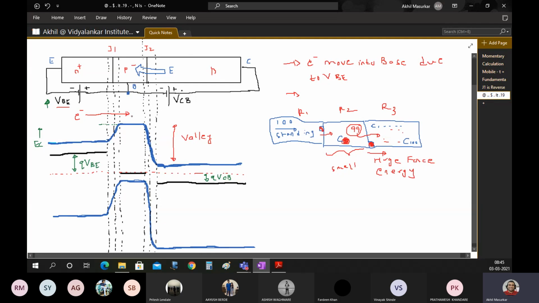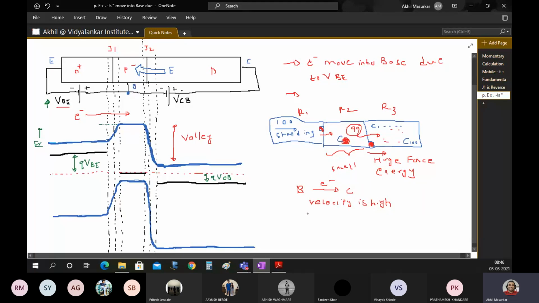But when they move from the base into the collector, they are coming with tremendous energy. They will have very high velocity. So the velocity of the electrons, when moving from base to collector, is very high.